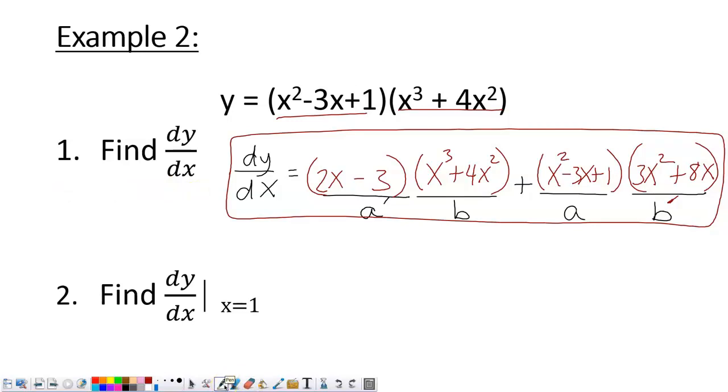Number 2 is asking us to find dy dx at x equals 1. So I've already found dy dx, so now it's just asking me to plug in 1, right? So all we're going to do is we're going to plug 1 in for x to what we did in the first part there. So let's plug in 1 here.